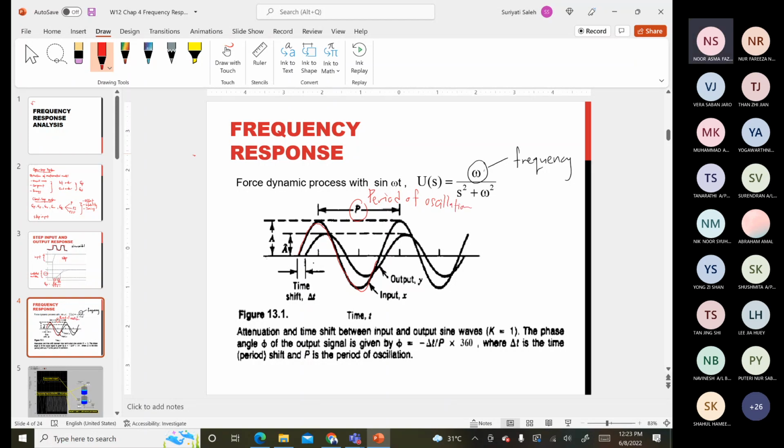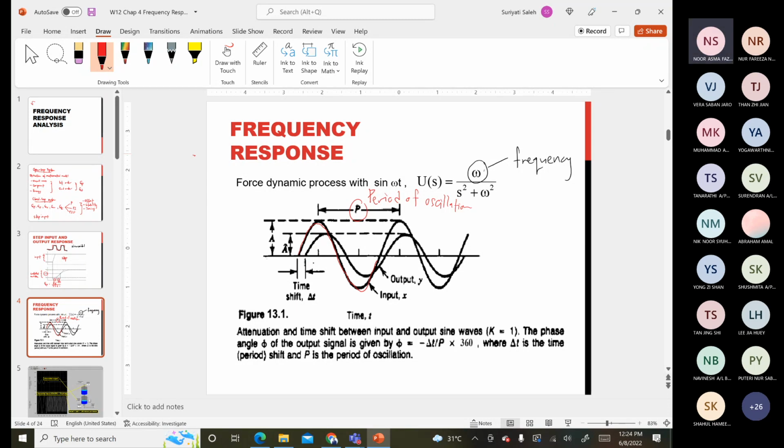Since we introduce the period of oscillation, that means you have another parameter that needs to be considered. When we introduce the sinusoidal wave, we just set what the frequency is and what the period of oscillation is, in order to ensure your input behaves like a sine wave.